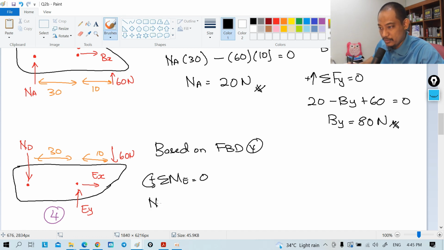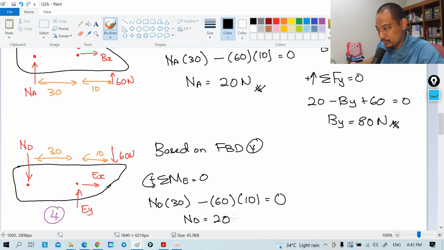So you have ND times 30 minus 60 times 10 equal to 0. So ND equal to 20 Newton, because this is exactly the same calculation as the one above. So it's repetitive basically. This is a bonus for you, because the solution mirrors the other one.